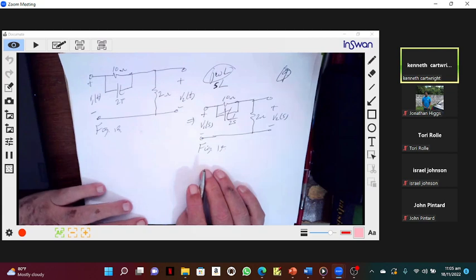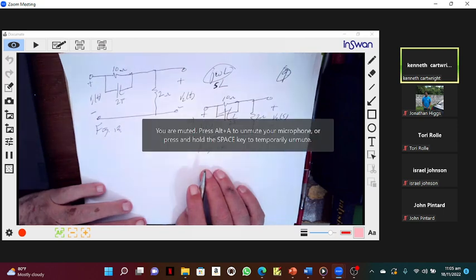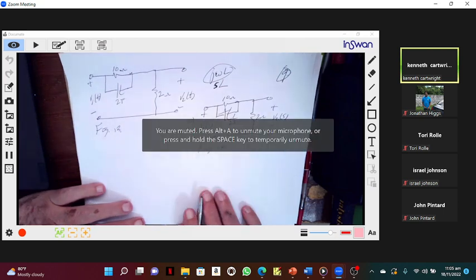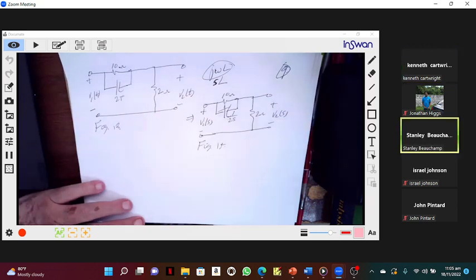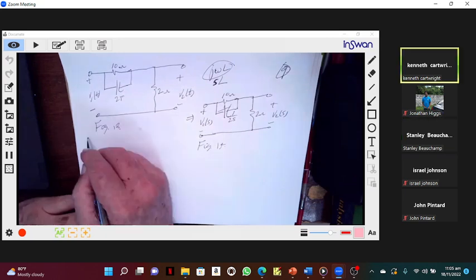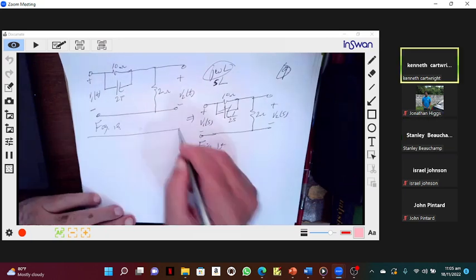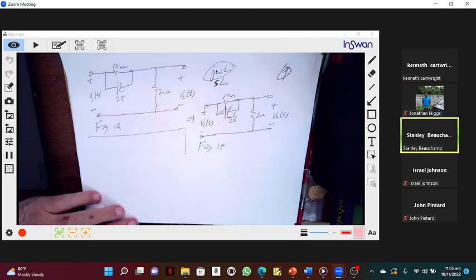Find an equation for the Laplace of the output voltage. All right, how are we going to do that? They give us v1 of t. Therefore, what are we going to do with that?